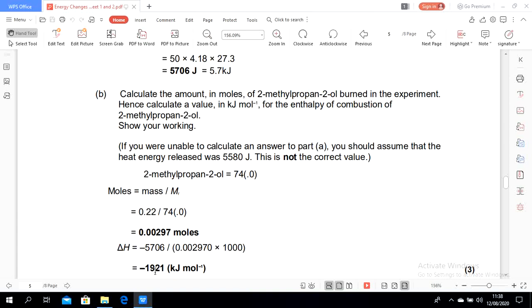So this can be done using cross multiplication or using ratio.